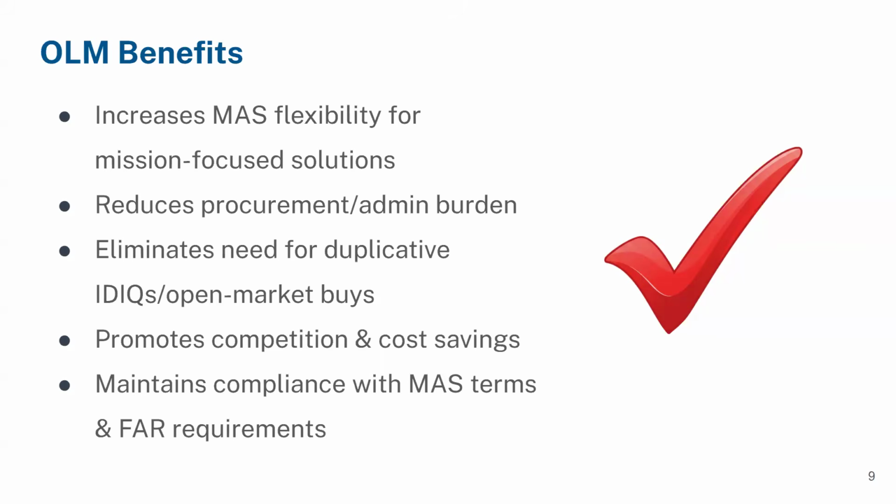It should eliminate duplicative IDIQs or open market buys, promotes competition, and maintains compliance with MAS terms and FAR requirements. So it's still a contract item, and it must still comply with the MAS contract terms. Does it have to be TAA compliant? Yes, the answer would be yes. So it's still allowing some flexibility while maintaining compliance with the MAS contract terms.